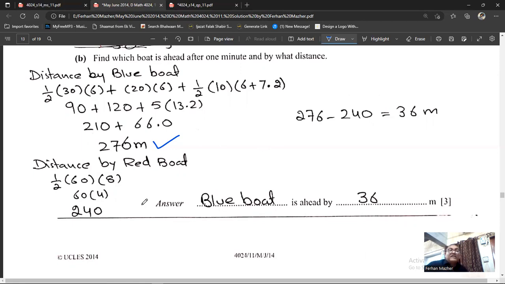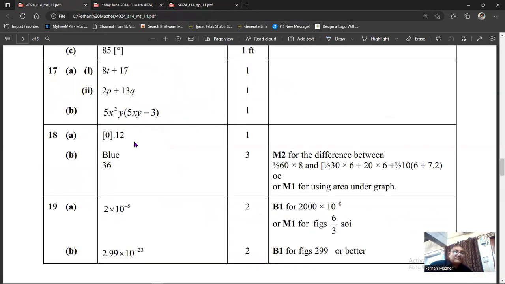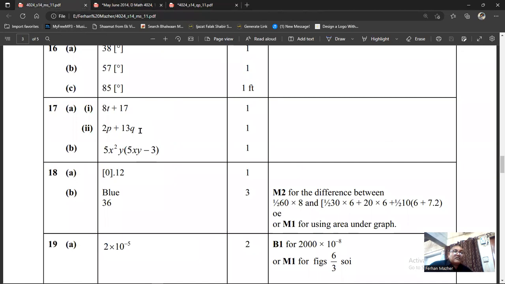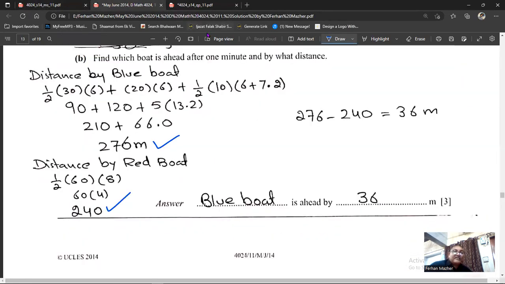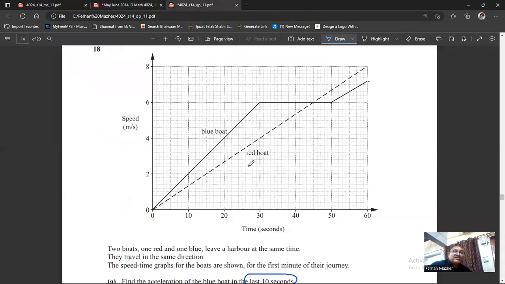So the difference between the distance traveled by the blue boat and the red boat: it has covered 276, it has covered 240. So 276 minus 240, that's 36 meters. So the blue boat is ahead by 36 meters. Where's the answer? Blue boat by 36 meters. So our answer is right. This is the solution. This is the graph.